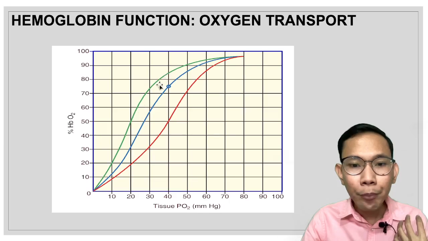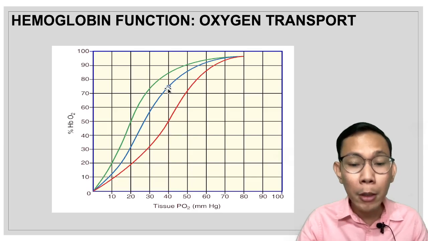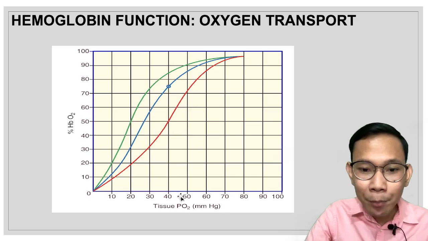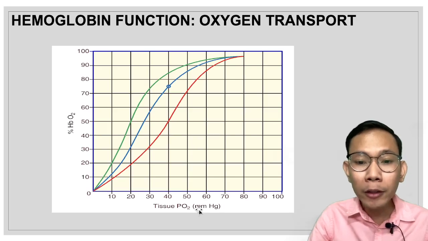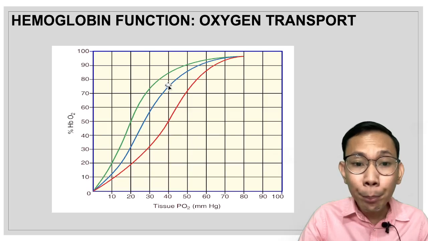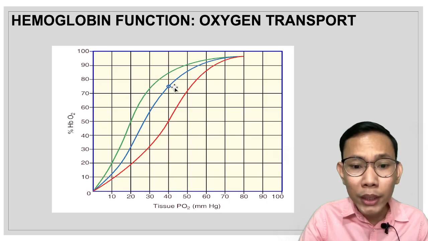So, let's look. At 40 mmHg, 75% of the hemoglobin molecule is saturated with oxygen. At 40 mmHg, your tissue partial pressure of oxygen, 75% is saturated with oxygen at a normal curve.